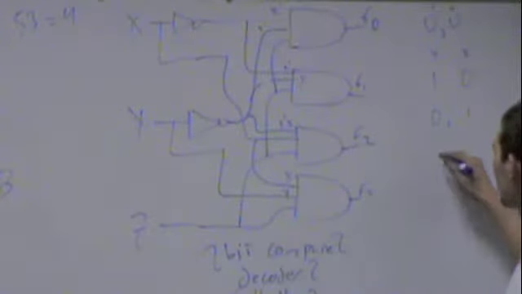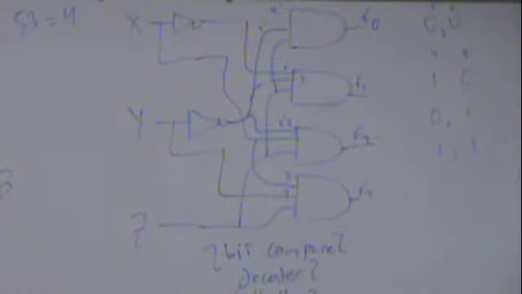And then this one is 1, 1. So it's a decoder. That's what a decoder does. If you remember, it takes 2 inputs and takes each of their possible outcomes and assigns a value to them. Or yeah. It activates that particular output. So that's what that is.